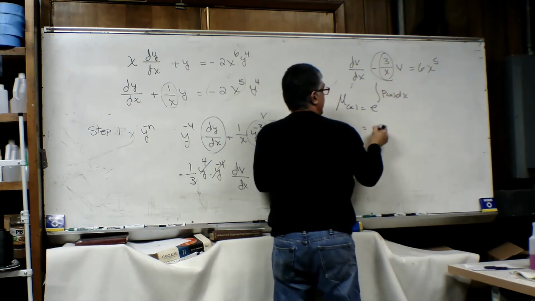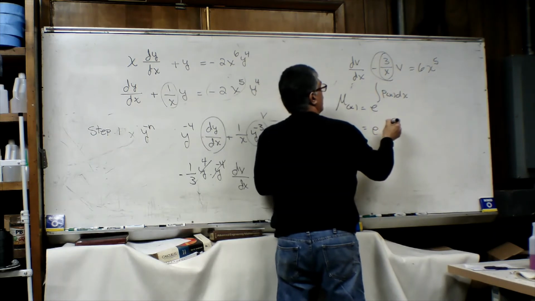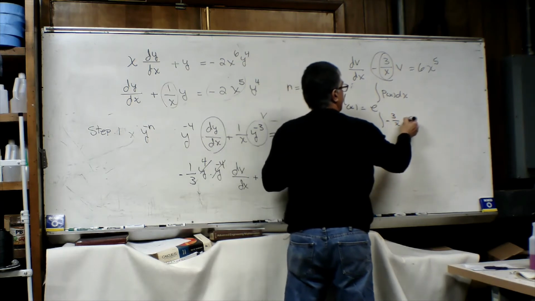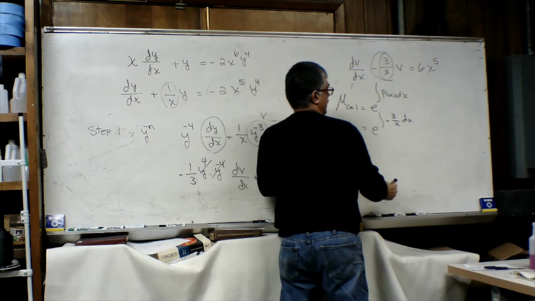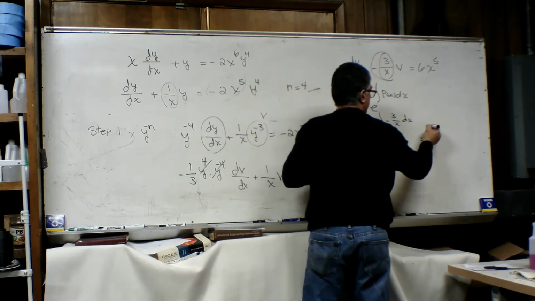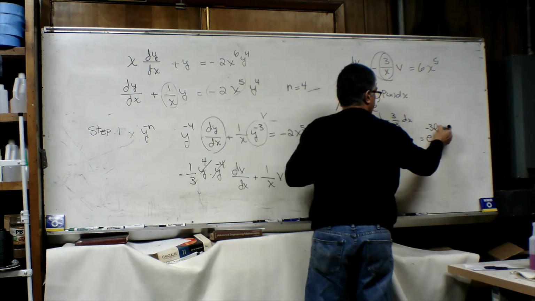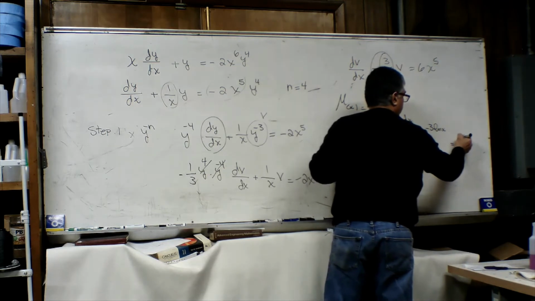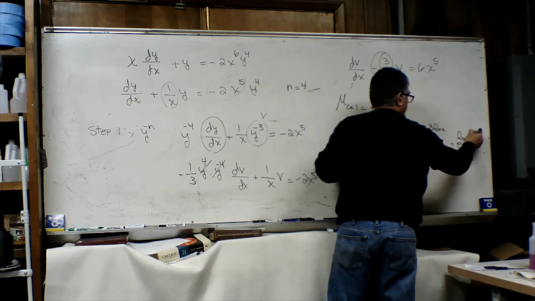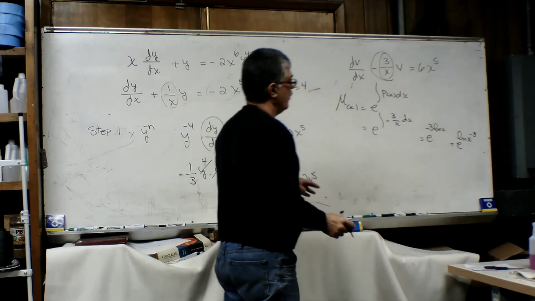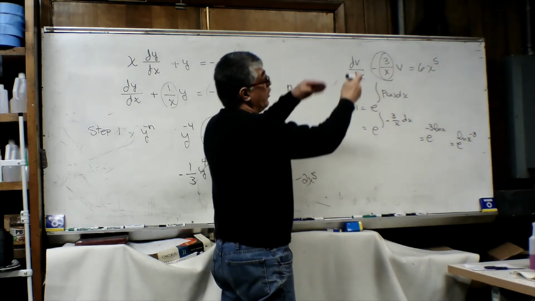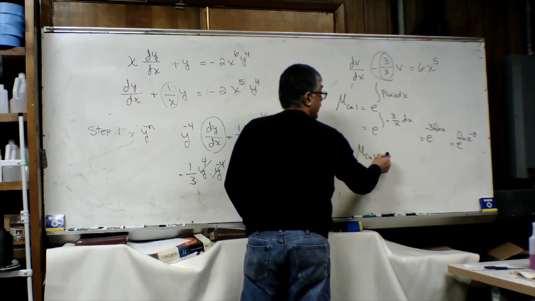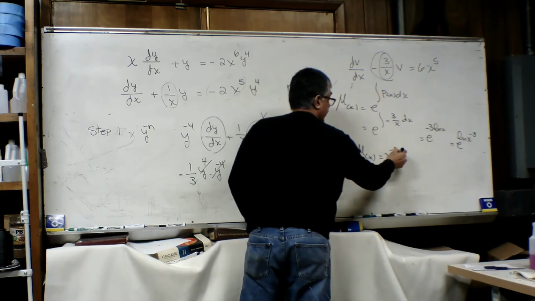So this will be equal to e to power integral of minus 3 over x dx, which is equal to e to power minus 3 natural log of x, which is equal to e to power natural log of x to power minus 3. So that means the integrating factor mu(x) is equal to x to power minus 3.